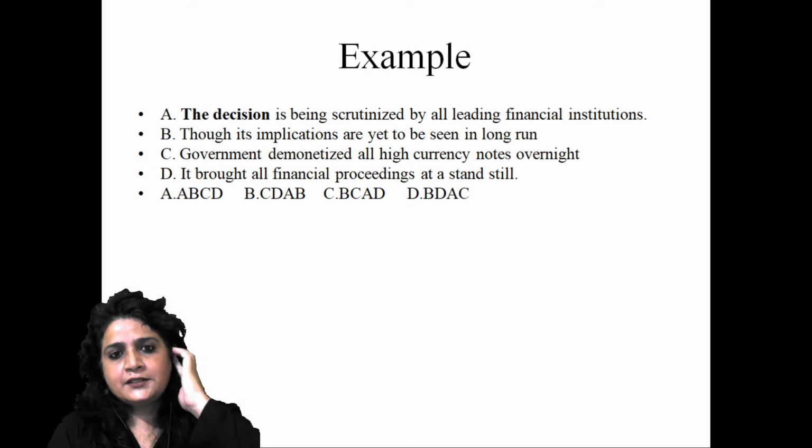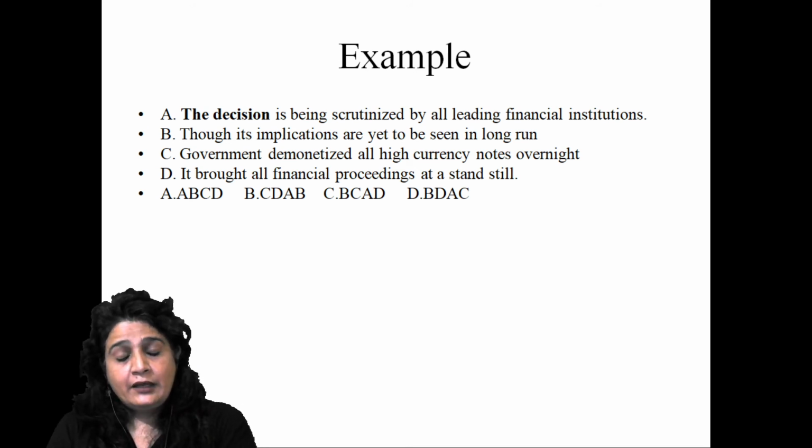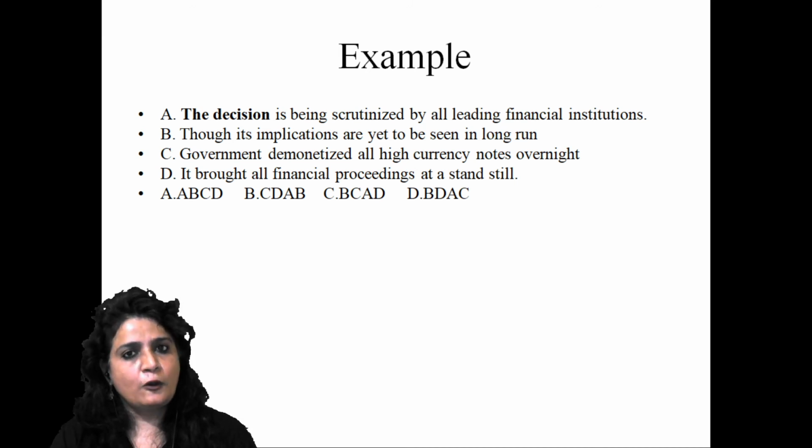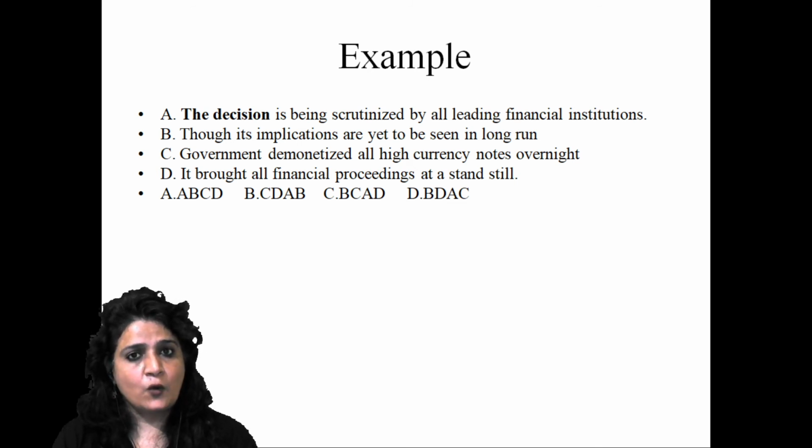All right, so I have boldfaced this part, the sentence which is beginning with the decision. A says the decision. So A can be eliminated for not being the opening statement, because what this decision was, what this step was, I'm not clear.